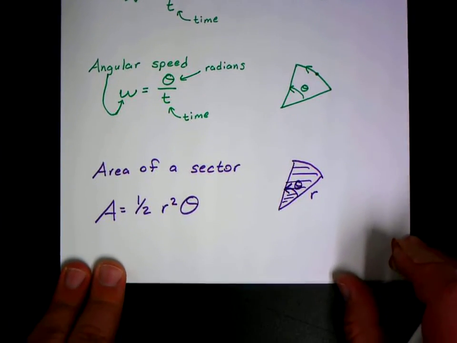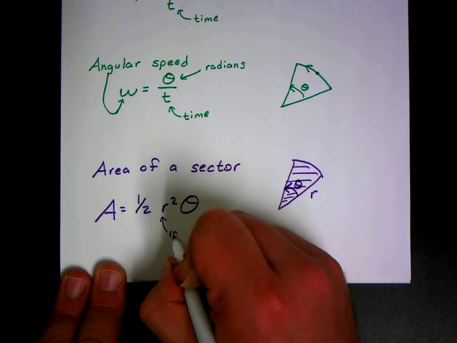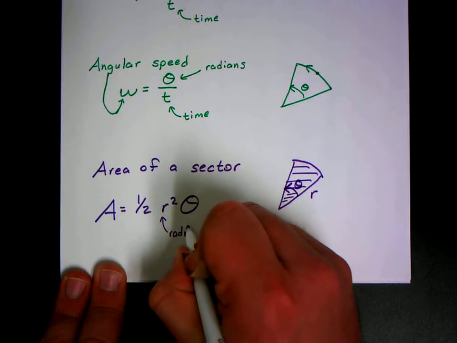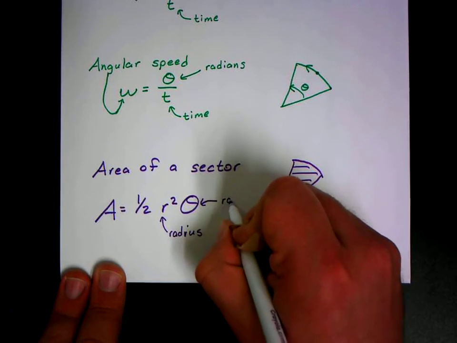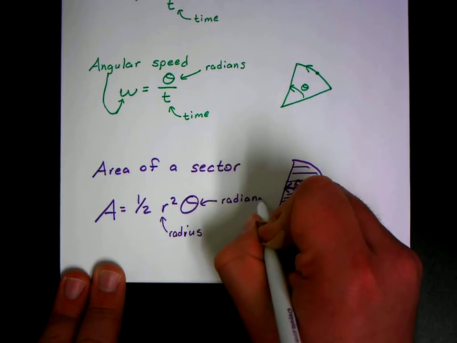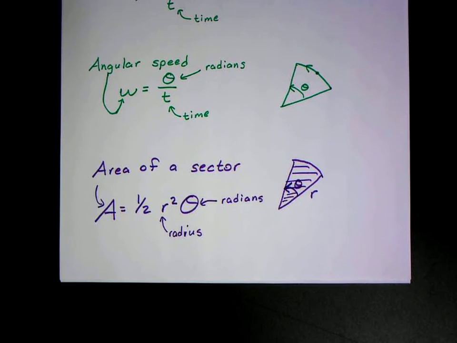Theta is the angle in the middle. Again, this is radius. Theta is again in radians. A is the area of the sector.